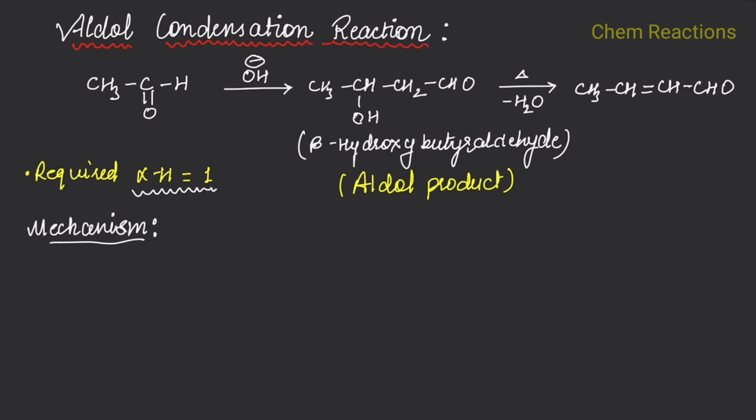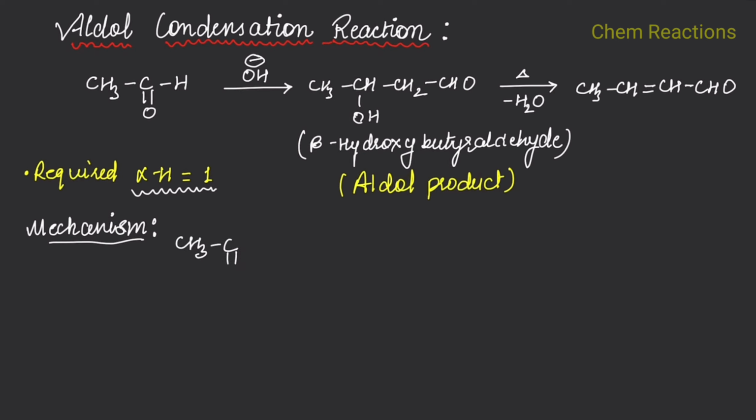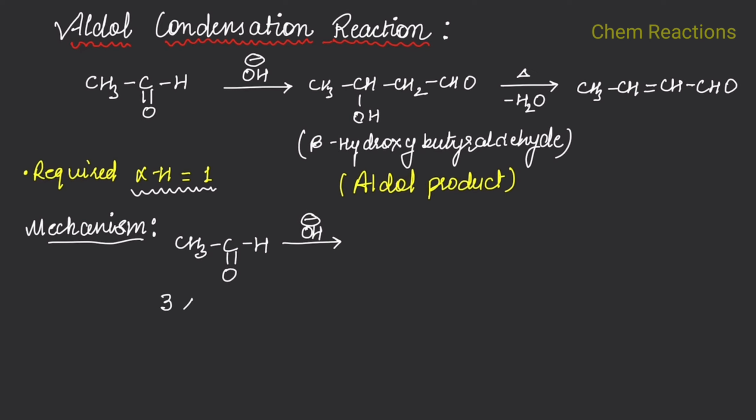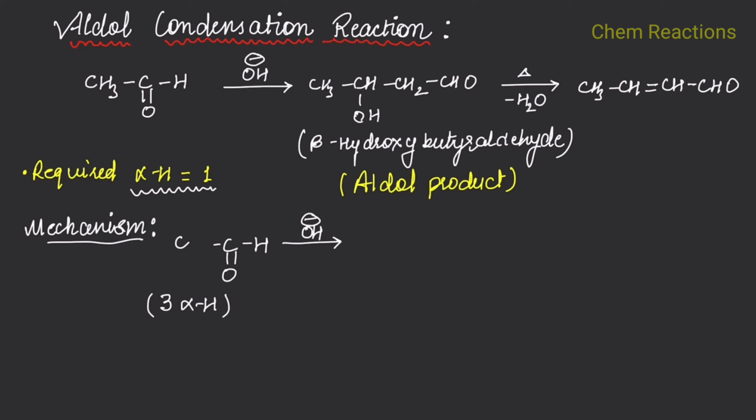What is the mechanism of this reaction? It's really easy. If an alpha hydrogen is there, like we have acetaldehyde here, and this acetaldehyde reacts with any base. This acetaldehyde has 3 alpha hydrogens, and you can write it like this as well, CH2 and a hydrogen on this carbon.